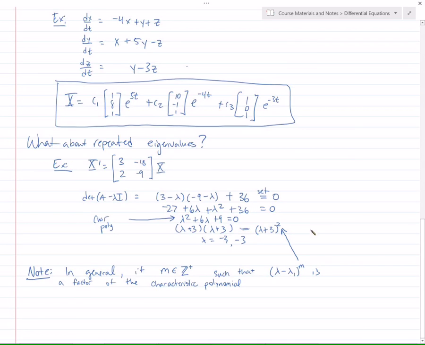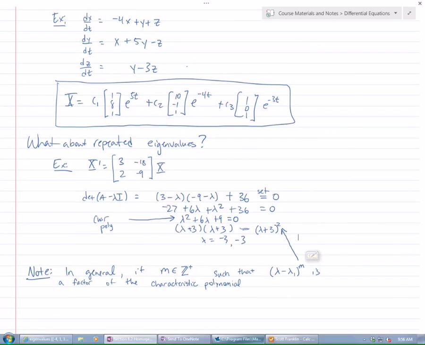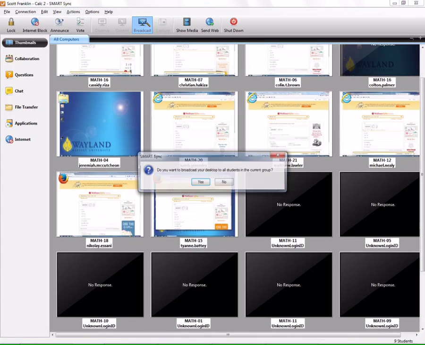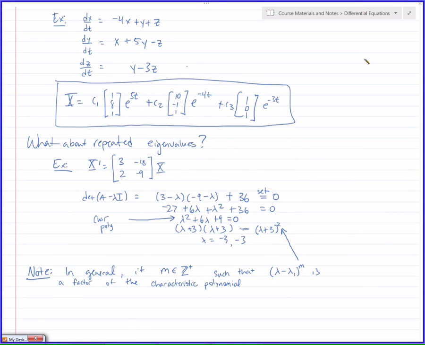is that 2. Oh, and I can broadcast again. I'm away from Wolfram Alpha for a little bit. So this m that I'm talking about is the 2. If that's a factor of the characteristic polynomial, that means lambda 1 is a root. It means it's an eigenvalue, but it also means that it has multiplicity m.